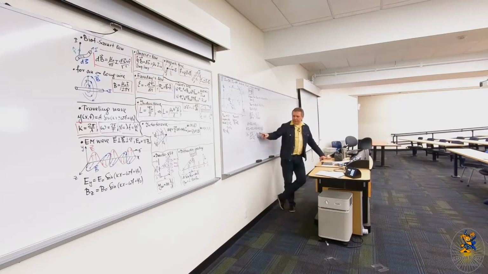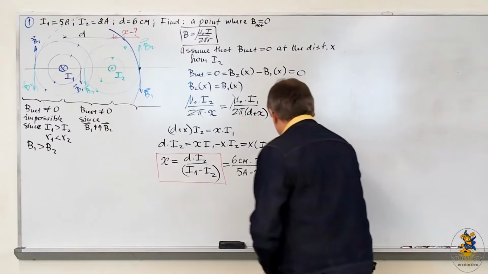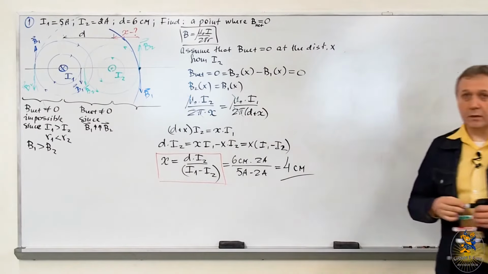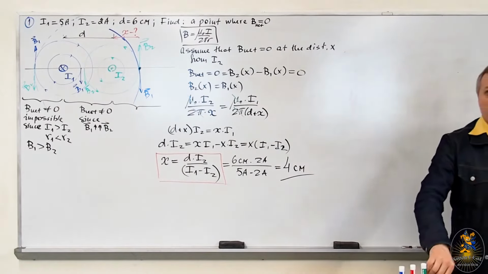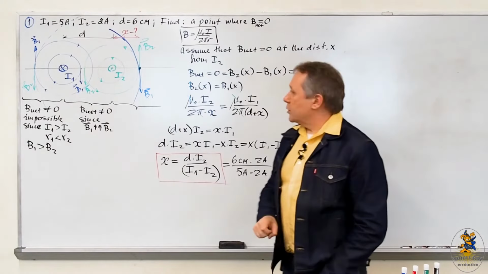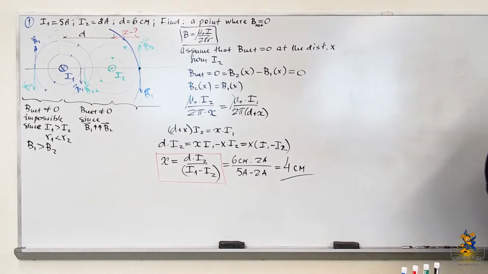Here 3, 6 divided by 3 is 2, 2 times 2 is 4 centimeters. It will be 4 centimeters, right? Yeah. 4 centimeters. That's the distance at which net magnetic field is going to be 0, or B1 and B2 are going to be equal in absolute value.